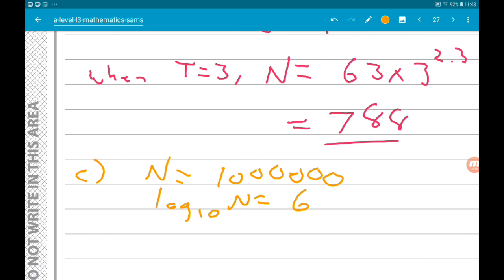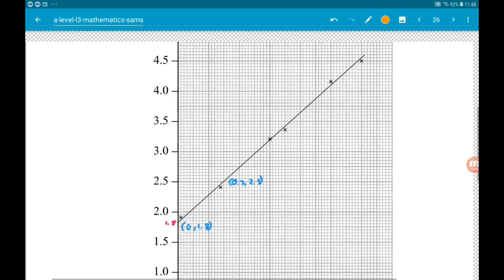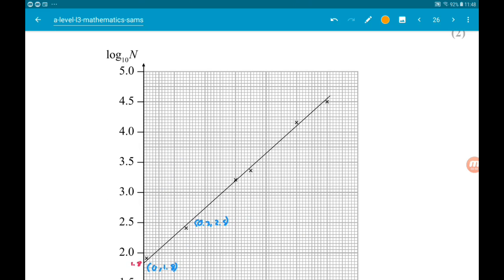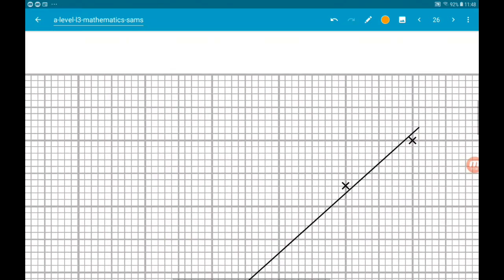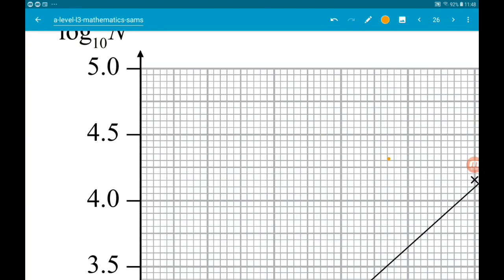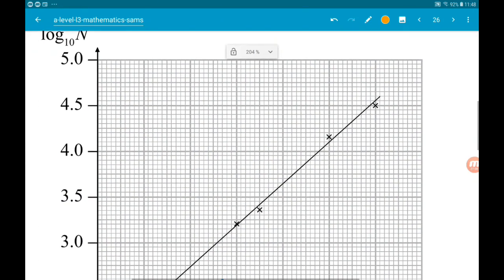Now if we look at the graph, we can see the highest plotted point was at 4.5.